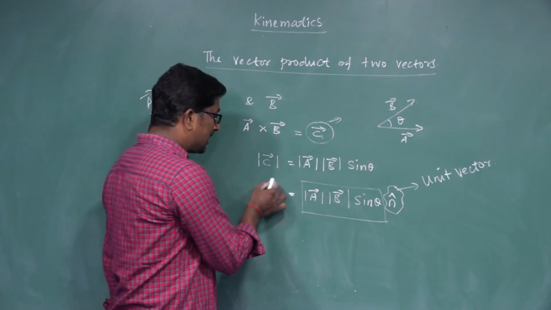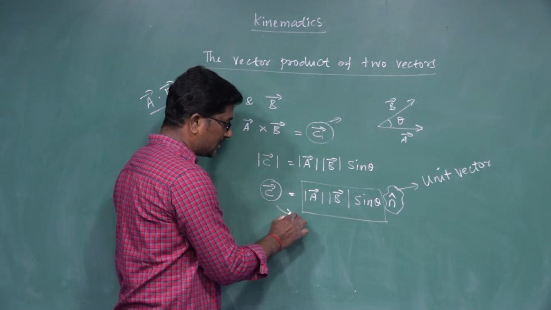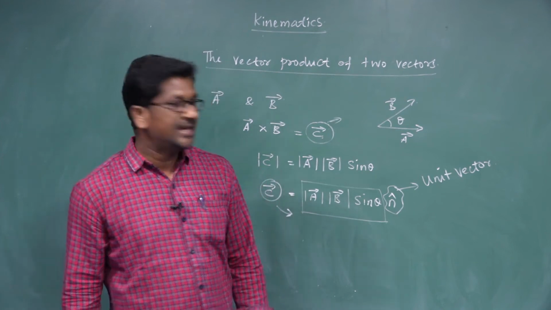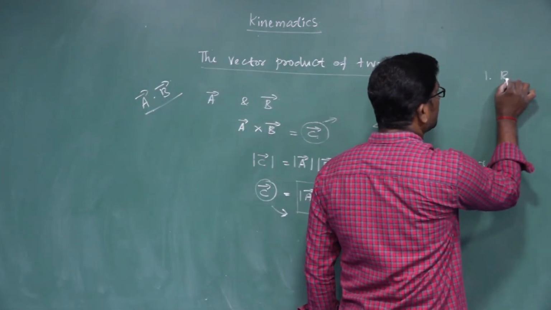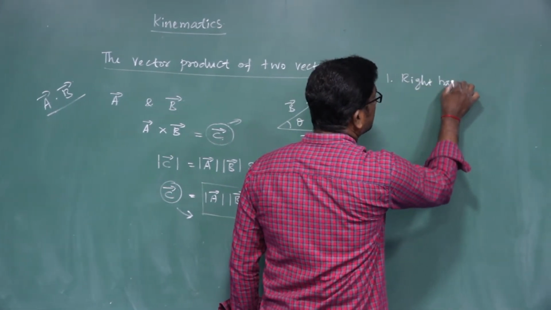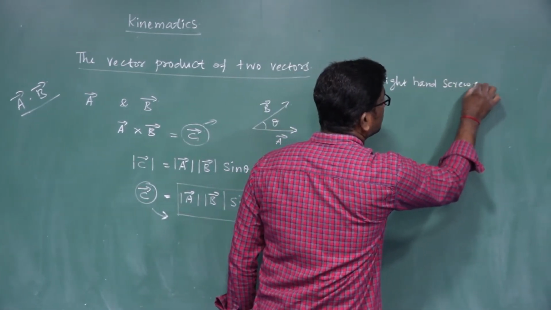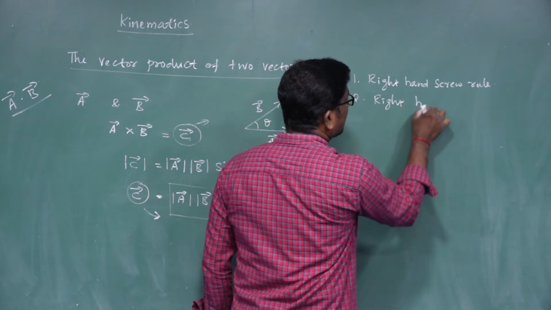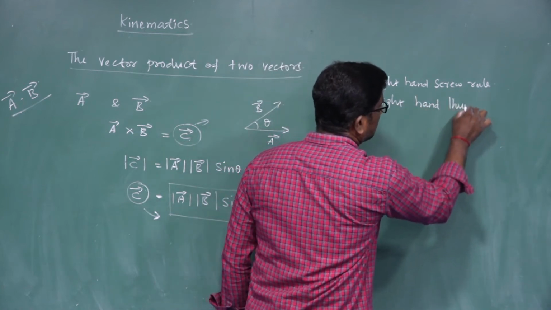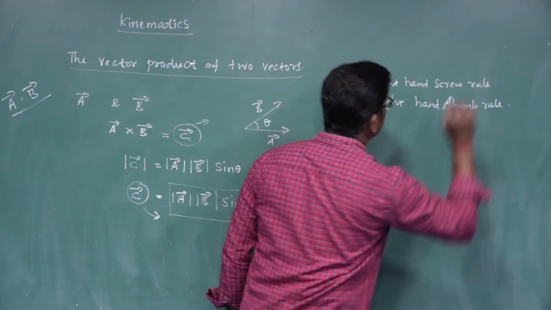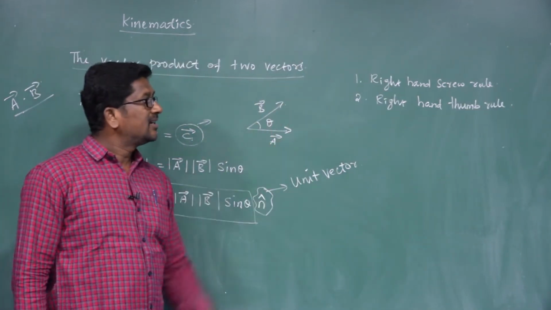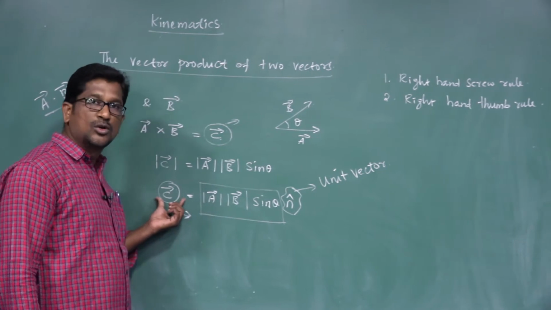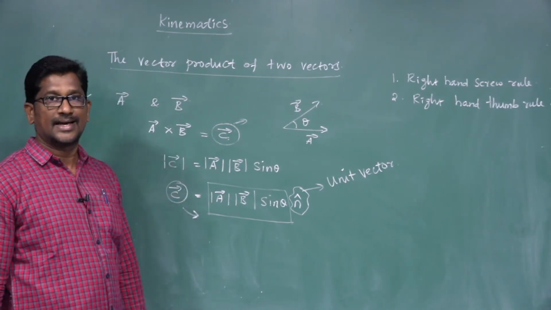And one more thing, the direction of C vector, that is the resultant quantity, can be determined by using two important rules, namely first, right hand screw rule, and second, right hand thumb rule. These are the rules which are used to find the direction of the resultant quantity, that is the direction of C vector.